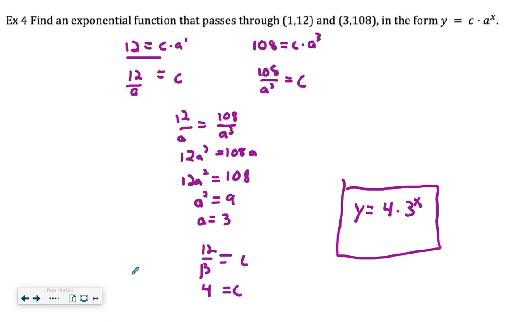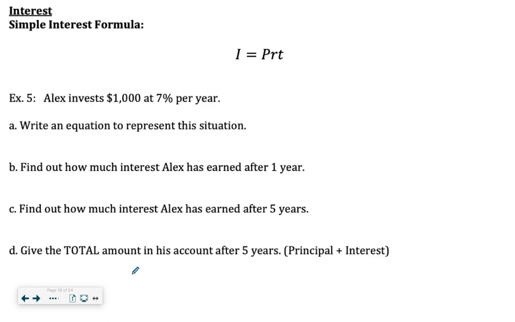All right, so let's talk about interest now. First, simple interest. Simple interest is basically where you would not earn interest on your interest. You only earn interest on whatever amount you invested. So the simple interest formula is I equals PRT. I stands for interest.